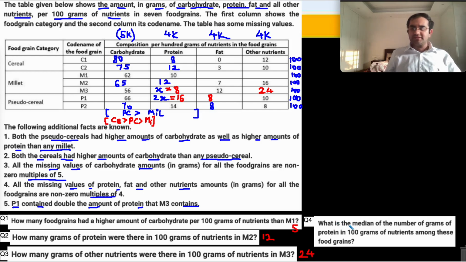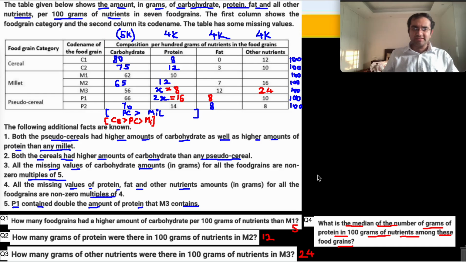And the last one: what is the median of the number of grams of protein in 100 grams of nutrients among these food grains? So we need the median of proteins. How many values do you have? 1 2 3 4 5 6 7.